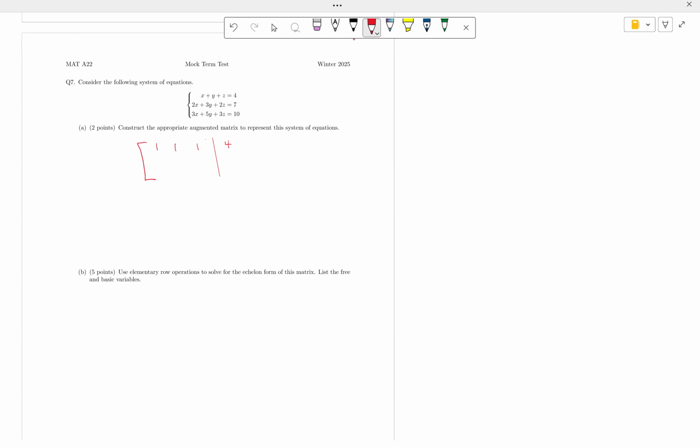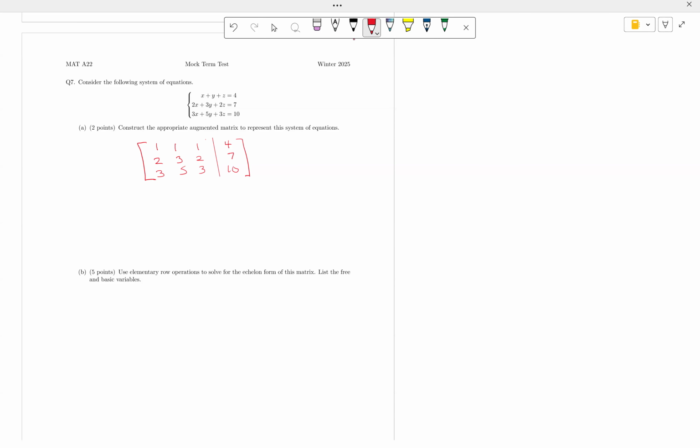Constants are the values after the equal sign. So we get 2, 3, 2, 7, 3, 5, 3, 10. Okay. So that's our augmented matrix that represents this system of equations. Remember, augmented matrices represent systems of equations.